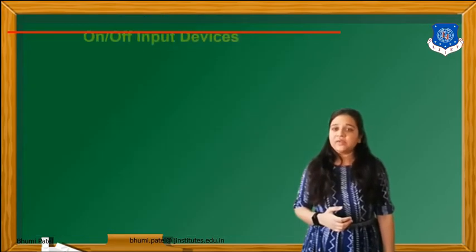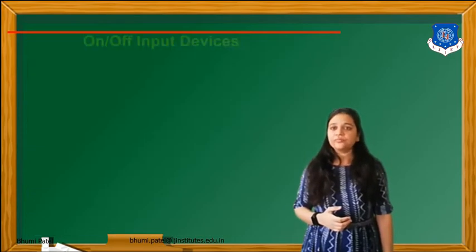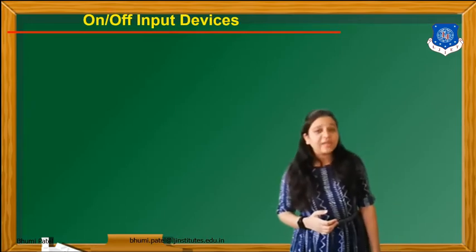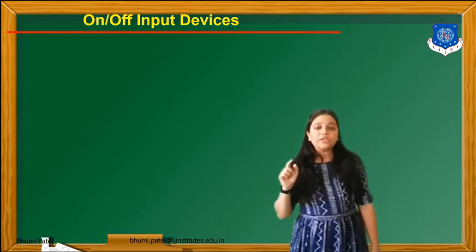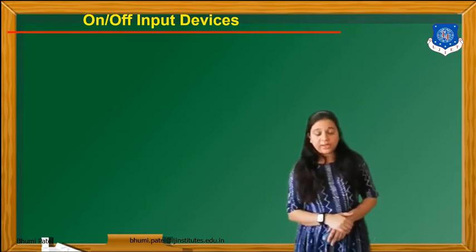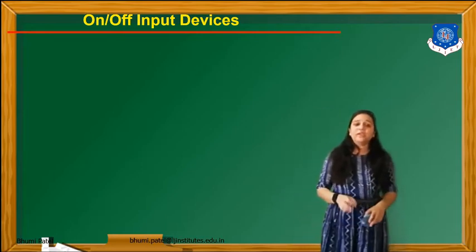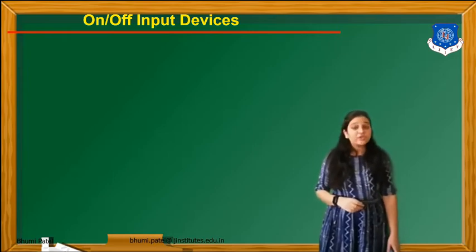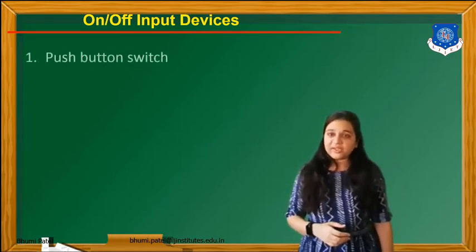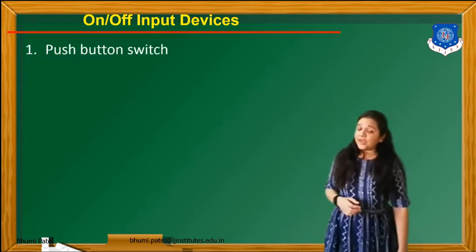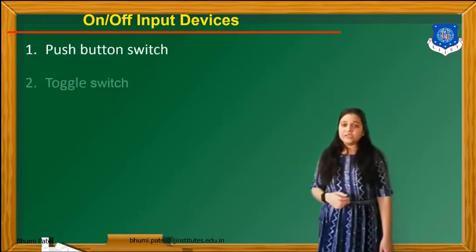Now the next one is the on-off input device. We can connect only a switch to the input terminal, so that if the input is on, the output must be on. Which type of input device is there for on-off applications? As you know, a very well-known switch is the push button switch.